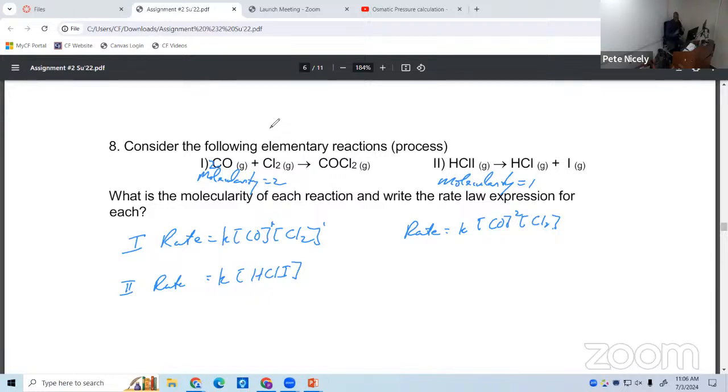It is highly unlikely that 3 atoms simultaneously will collide to form products. So most elementary steps involve either 1 reactant or 2 reactants, and that's it. But when you add up all the elementary steps, the result should be the balanced equation. And the rate law for that balanced equation, you cannot just tell based on the equation itself. You cannot just use the coefficients of the different substances involved to determine the rate law for the overall reaction. That can only be determined by experiment. Okay.